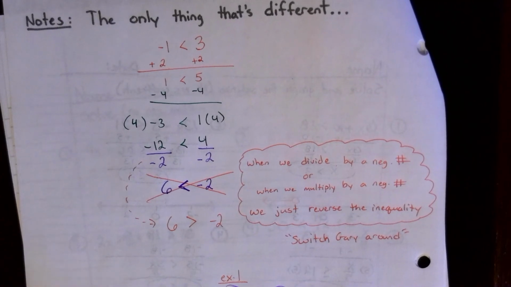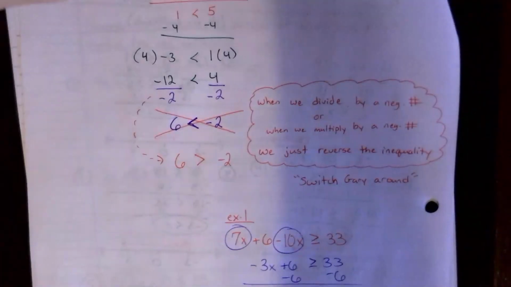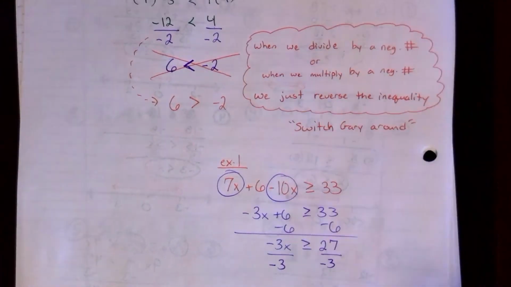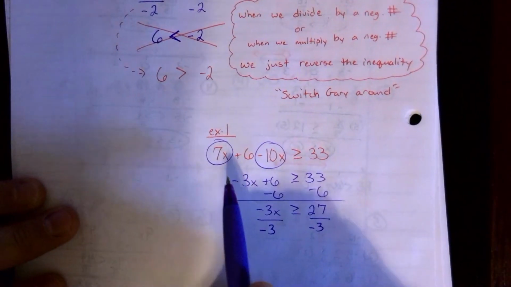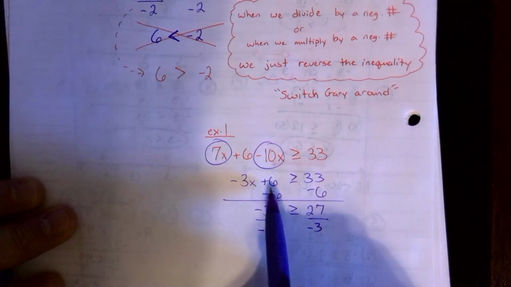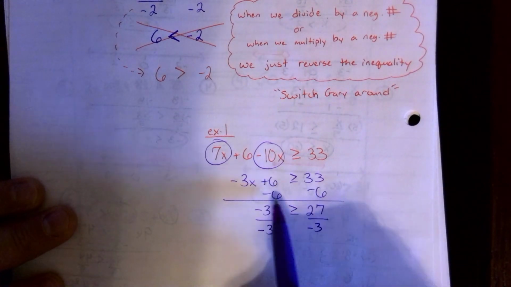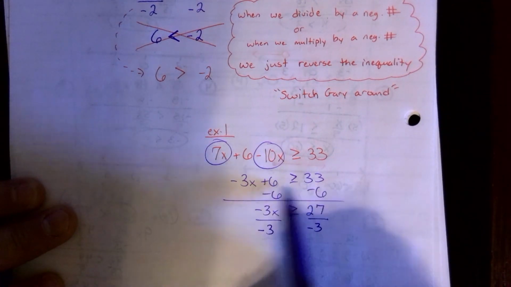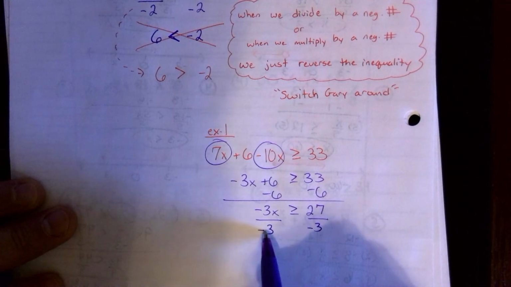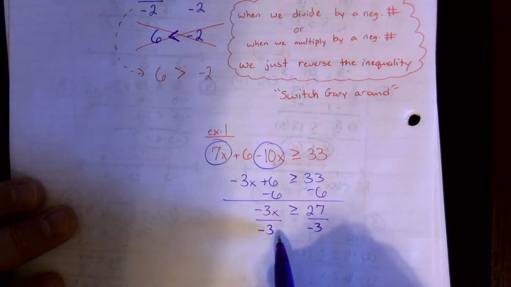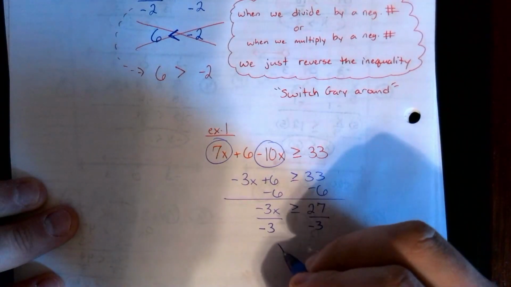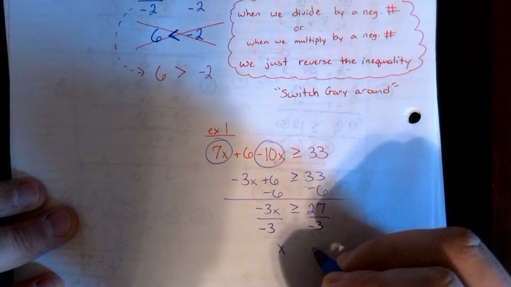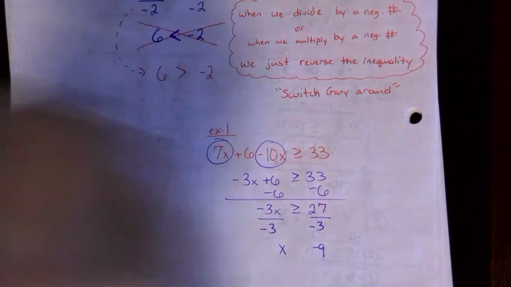You have to notice, just like in class, you guys can't see anything I'm doing. Is that better? A little bit. So I combined like terms, negative 3x plus 6, subtracted 6 from both sides to get rid of that 6, then divided by negative 3, where I just yelled it and you couldn't see it. But that's the key: whenever you divide by a negative or multiply by a negative, you must remember to take that inequality sign and reverse it.